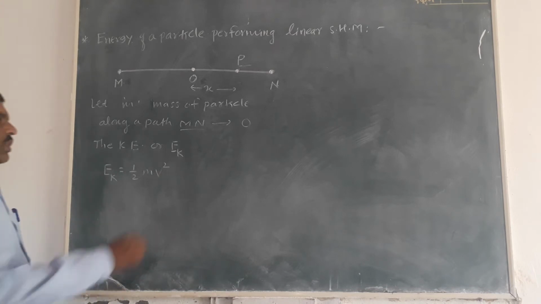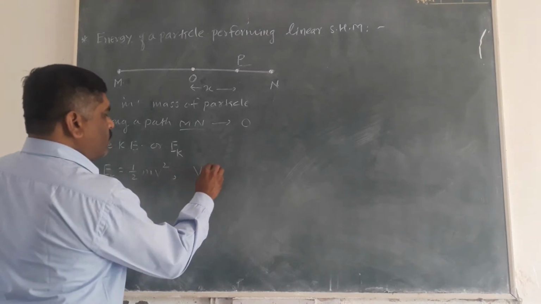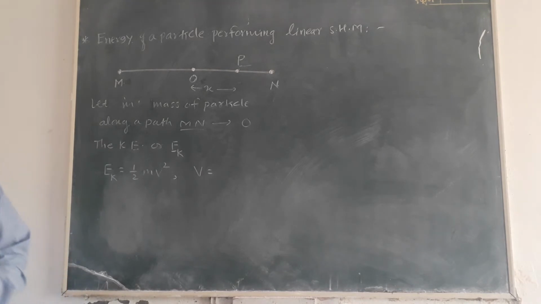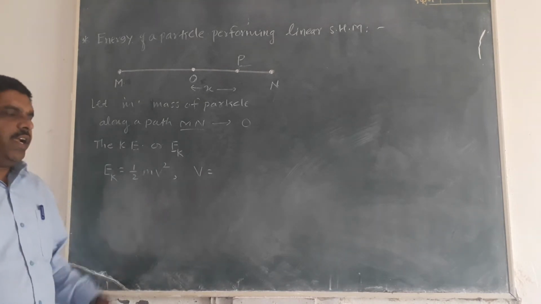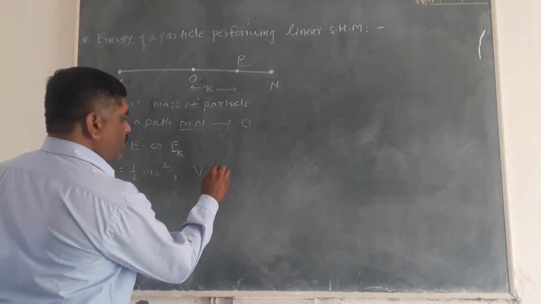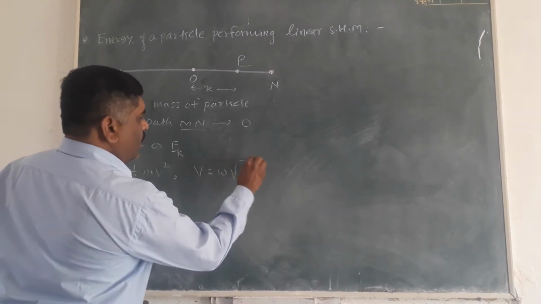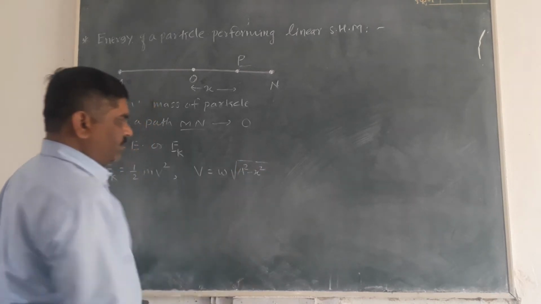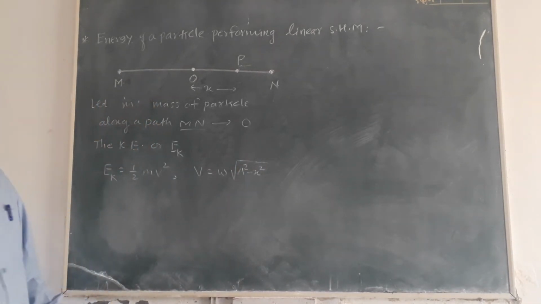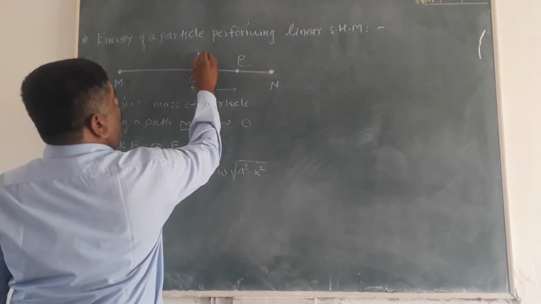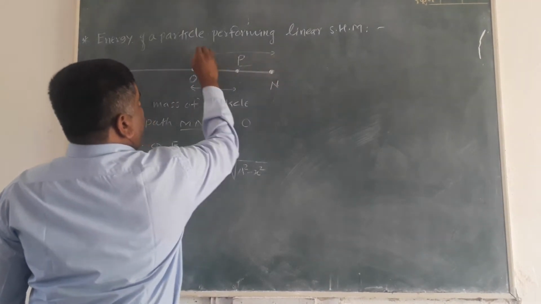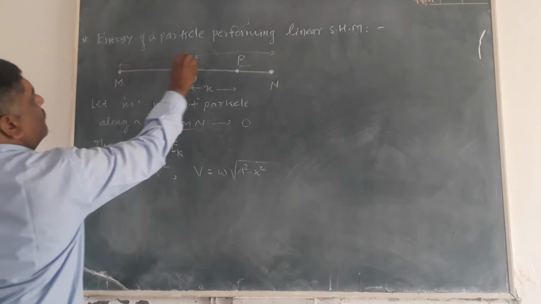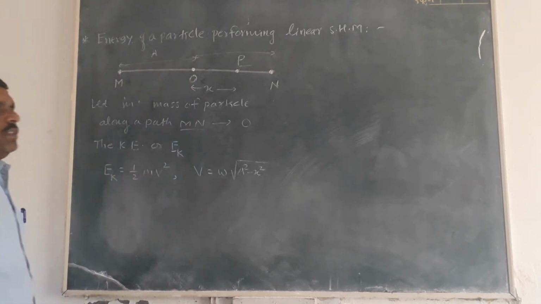But we know, from the previous lecture, that the velocity v is equal to omega under root a square minus x square, where a means amplitude. This distance OM or ON is nothing but the amplitude of the particle.